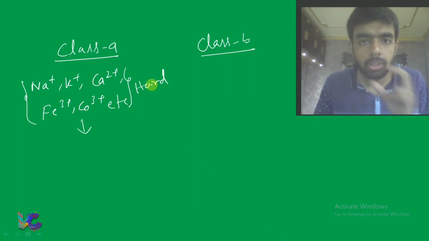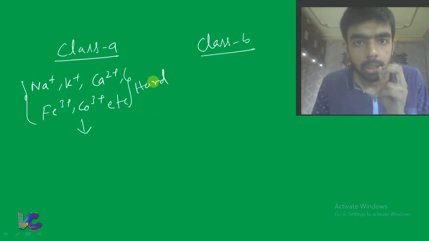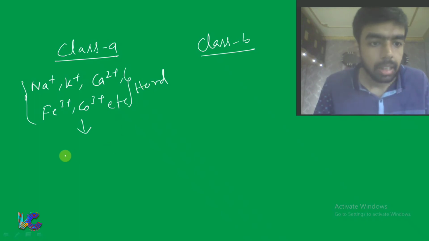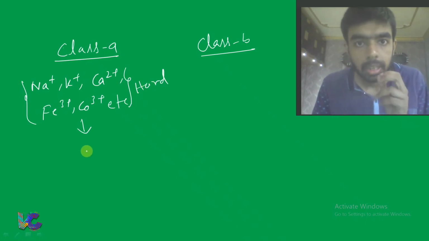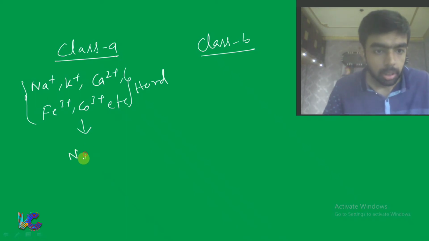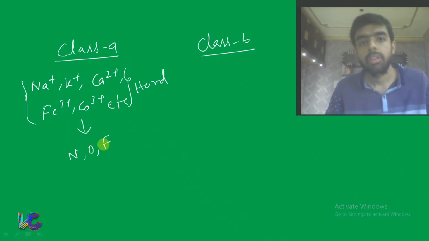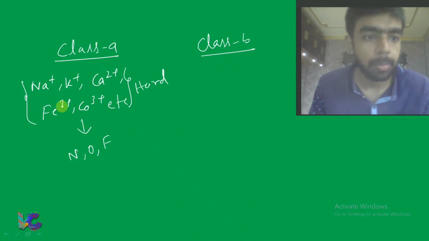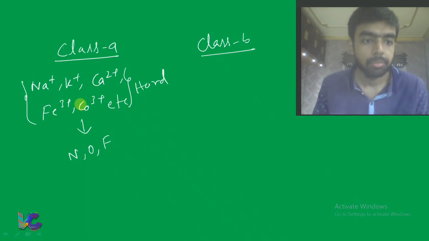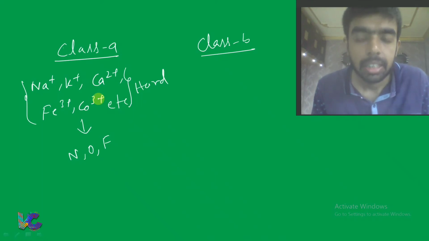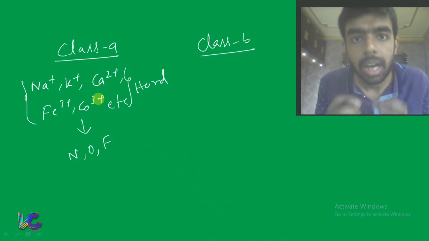That means this hard metal will prefer to combine with hard base, that means with hard ligand. Hard ligand means the liganding atoms will be N, O, F. So the stable coordination complexes of Na plus, K plus, Ca2 plus, Fe3 plus, cobalt 3 plus are hard acids, and they will prefer to combine with hard bases.